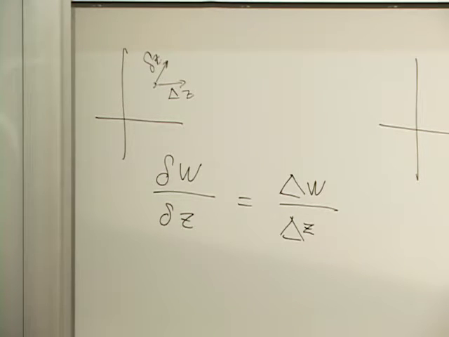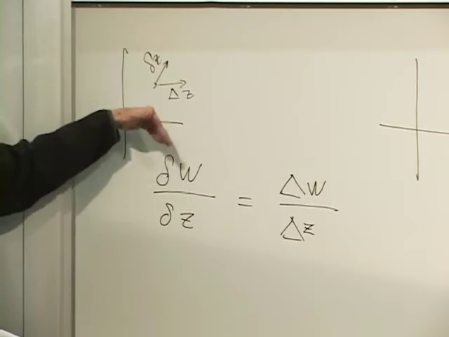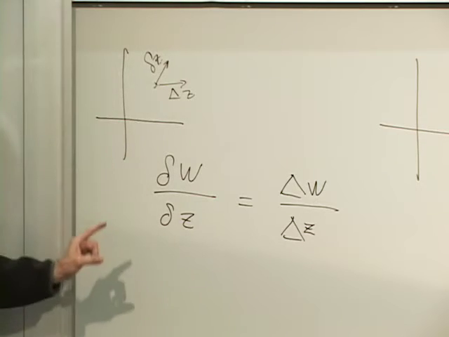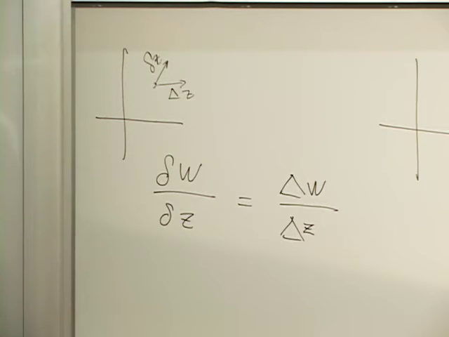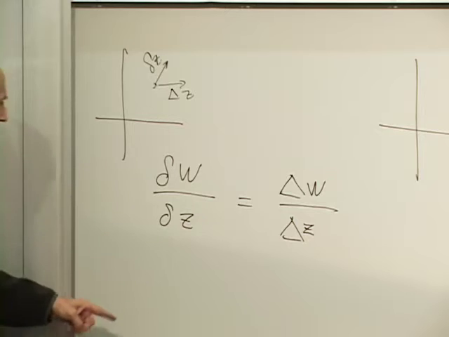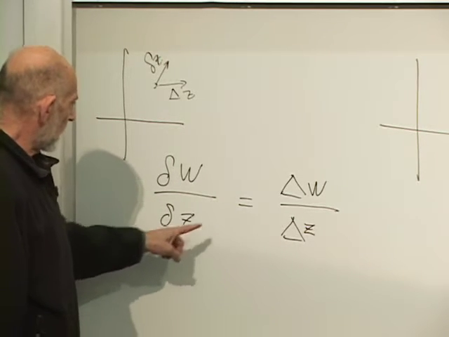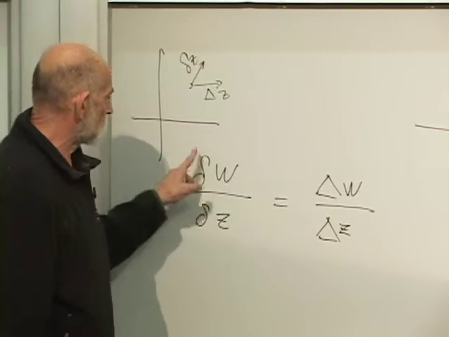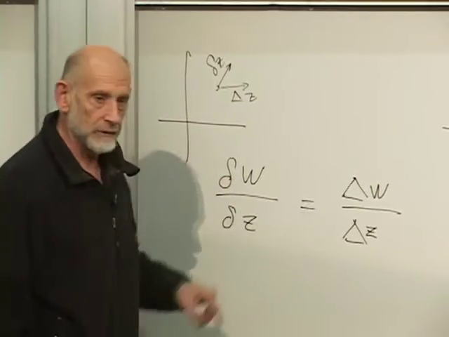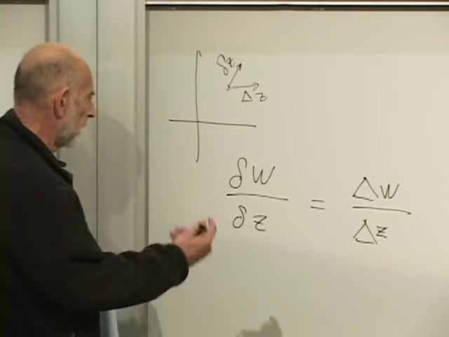The derivative calculated along the little delta axis or the big delta axis should be the same if they're analytic functions. We can rewrite this. Let's multiply this by big delta z and divide it by little delta w.